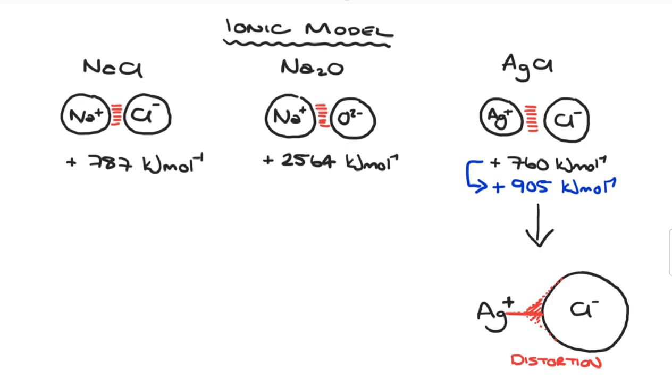When we get this situation, essentially we could simplify this to say that the silver and the chloride are now sharing some electrons, and we're starting to get some covalent character. Now, this is not a full covalent bond. This is not like we would see in carbon dioxide or water or something like that.